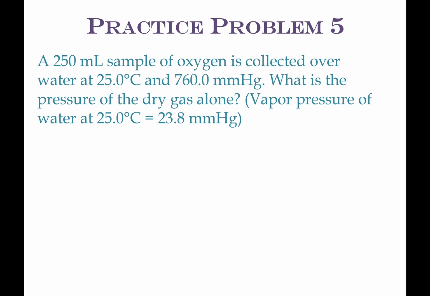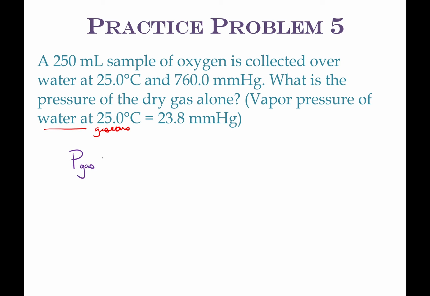So we have the temperature, which is important because the temperature is going to tell us what the water vapor pressure is at that temperature, because water vapor is the gaseous water. That's going to be adding pressure that we need to subtract in order to get the pressure of just the dry gas, in this case oxygen. You'll notice in your lab there were some equations.